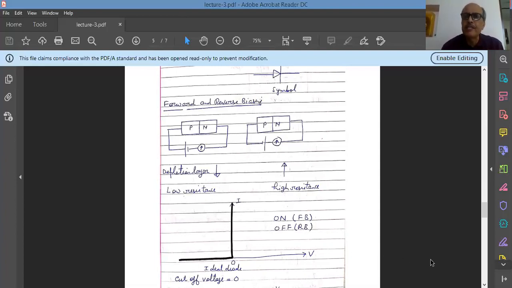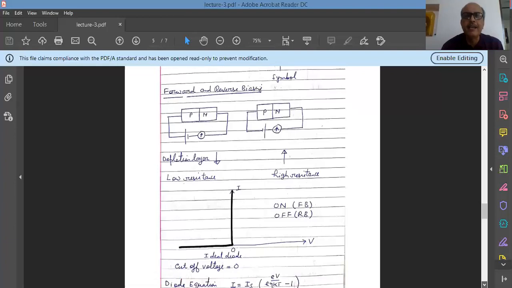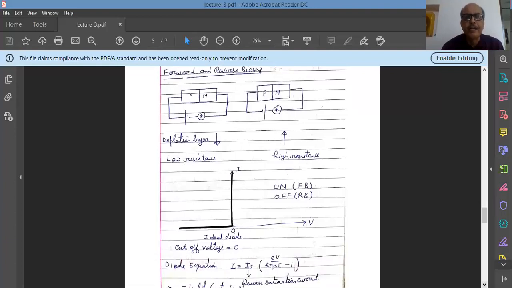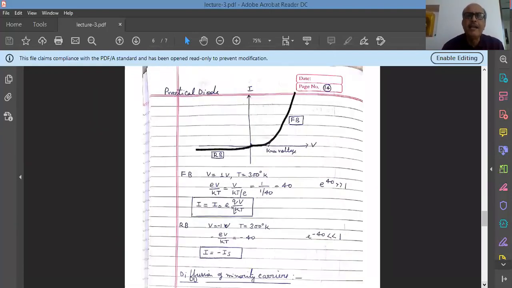But that is the situation for an ideal diode. Cutoff voltage is zero, but in a real diode, it is not the case. The real diode equation is given by I is equal to I0 e to the power of QV upon eta KT, then minus 1. V is the applied voltage. Eta is called the ideality factor.